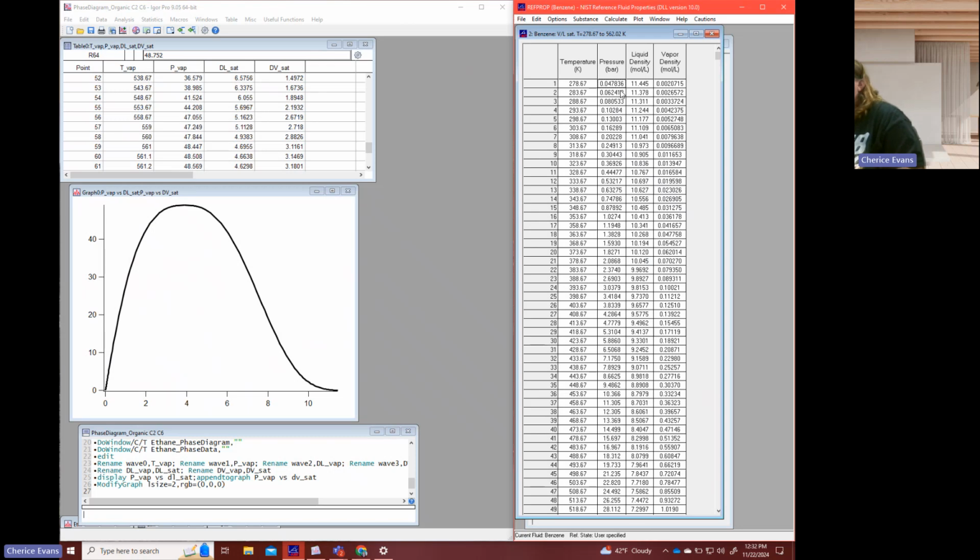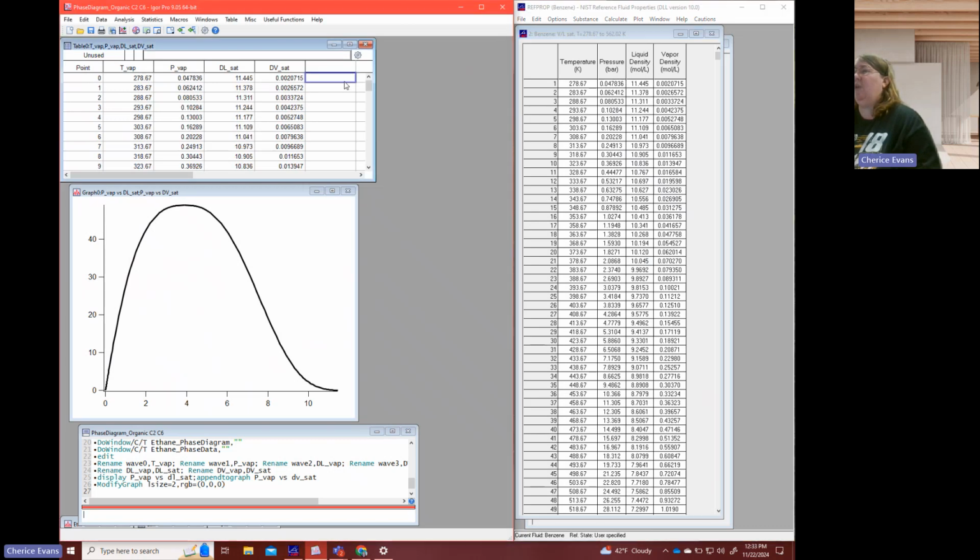And the liquid density at the triple point is 11.445 mole per liter, and the vapor density is 0.0020715 mole per liter. So that gives us the density of the liquid and the vapor. It doesn't give us the density of the solid. That one I was also able to Google, and it was 11.253.